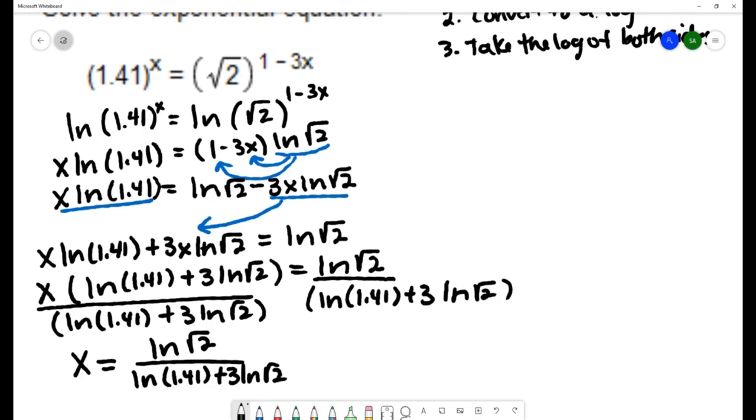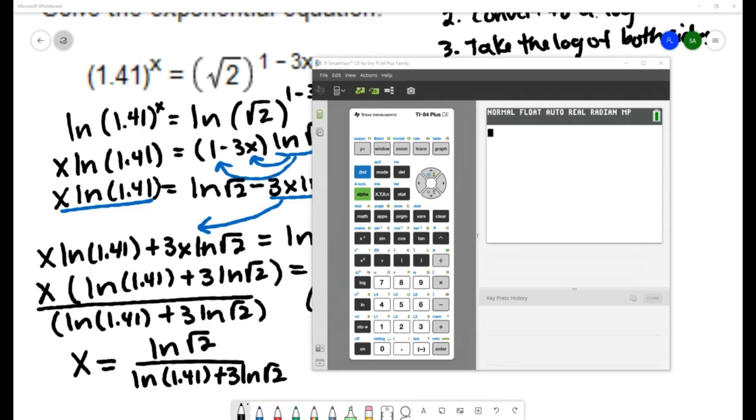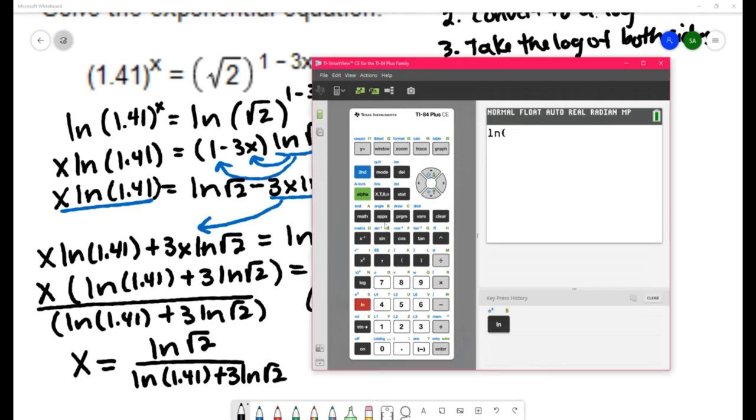Let's type that in our calculator. Alright, so in my calculator I need to be careful with parentheses. In the denominator I've got multiple terms, so I need parentheses around the denominator to make sure that we divide by the whole denominator. So I'll do natural log of square root of 2.